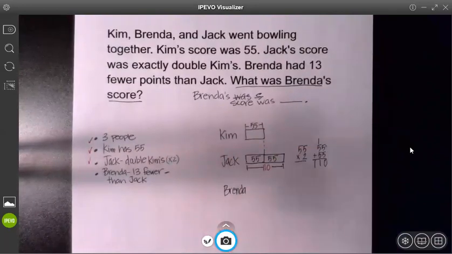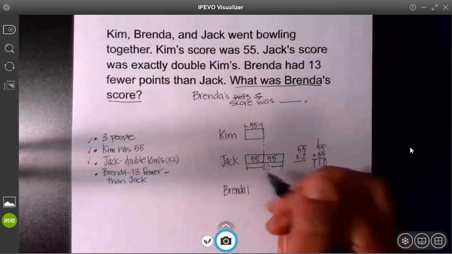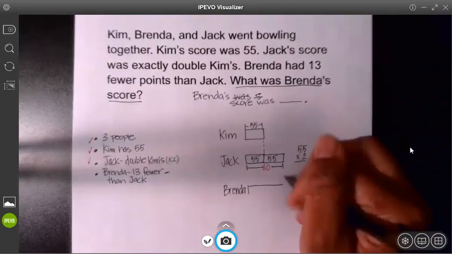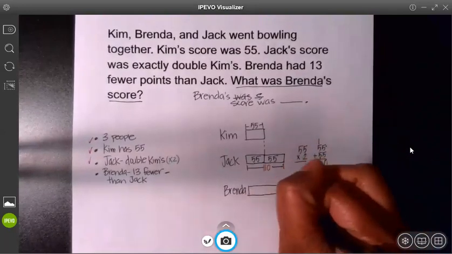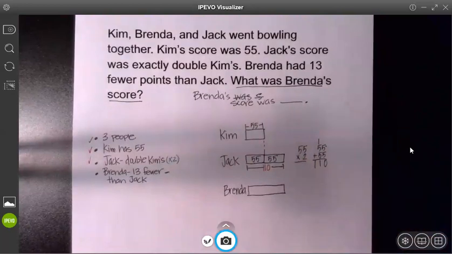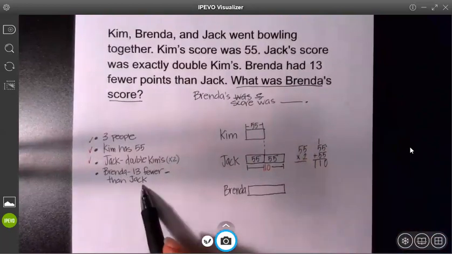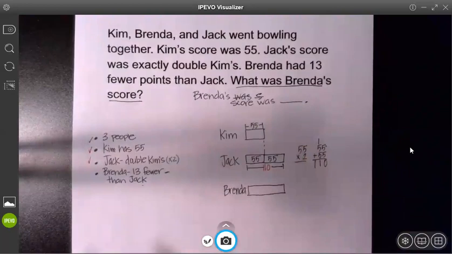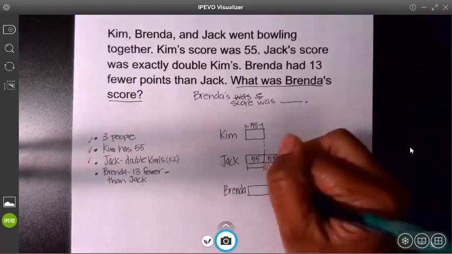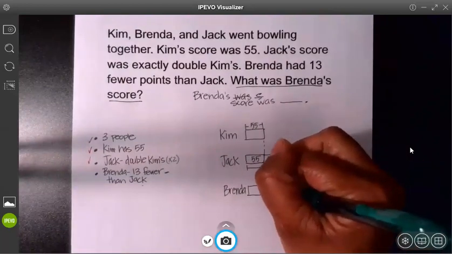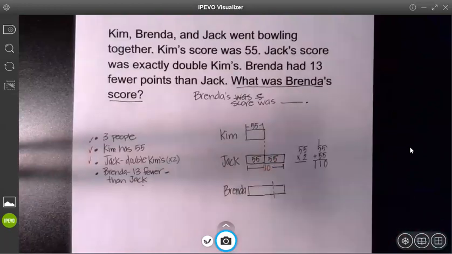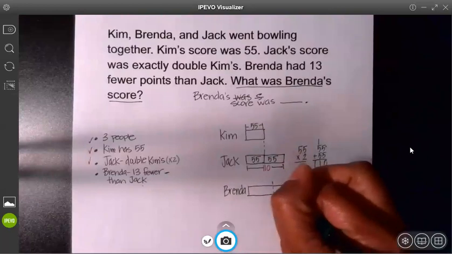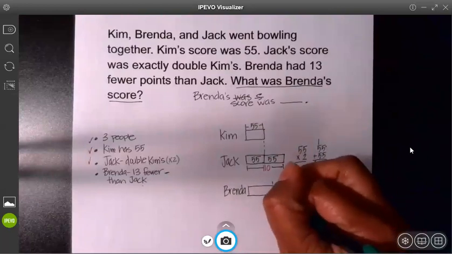So here's Brenda. I'm going to make her a strip or a bar. I'm going to make it the same size as Jack's, since that's who they're comparing her to. But it also says 13 fewer. So guess what that means? That means I'm going to take this much away from her bar, and I'm going to put a 13 right here at the bottom.